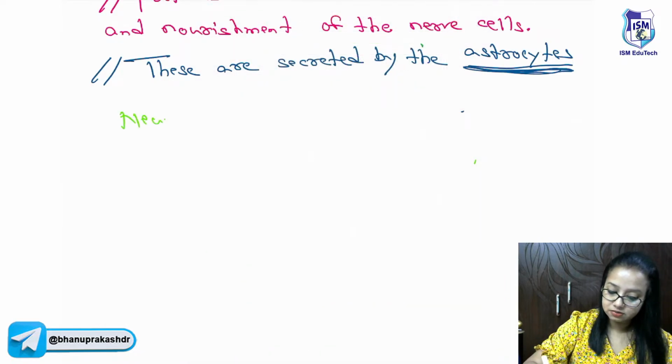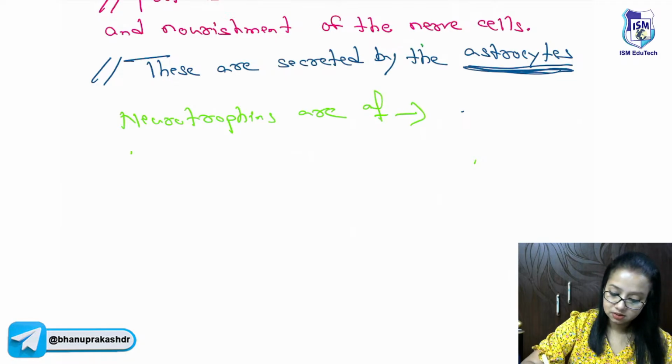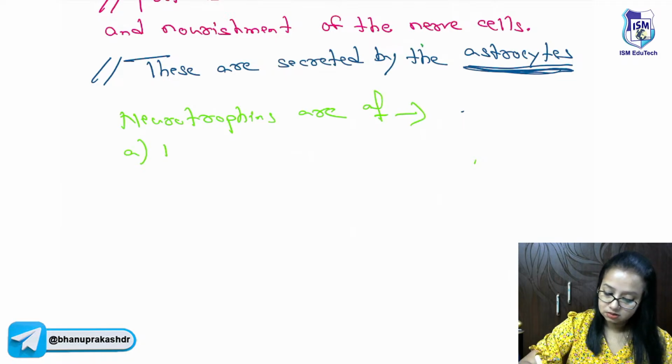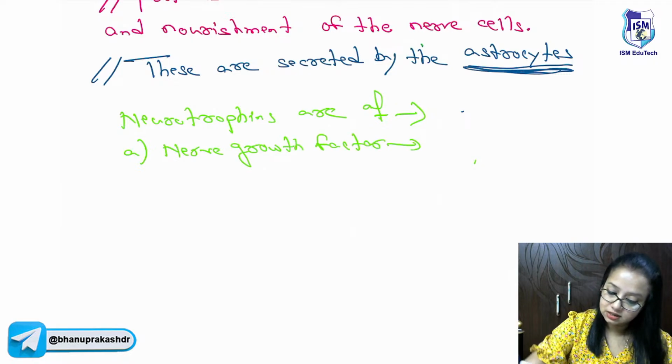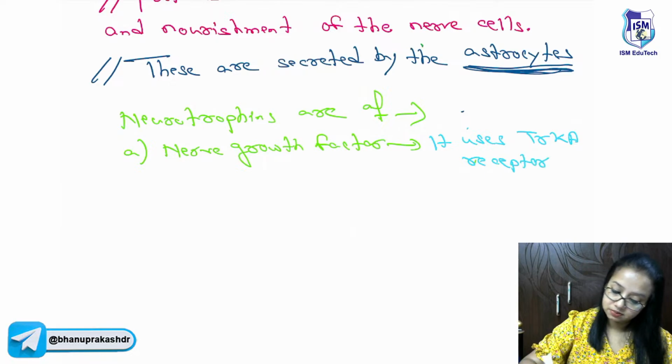Neurotrophins are of the following types. The first is called nerve growth factor, and it uses tyrosine kinase A receptor.